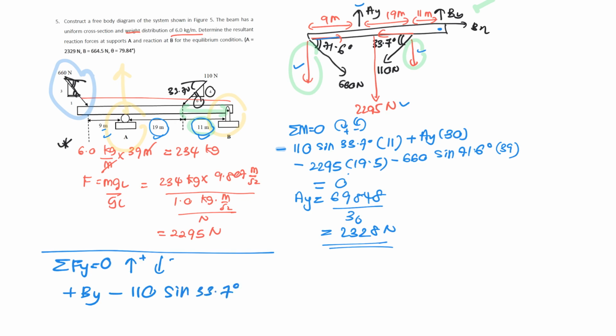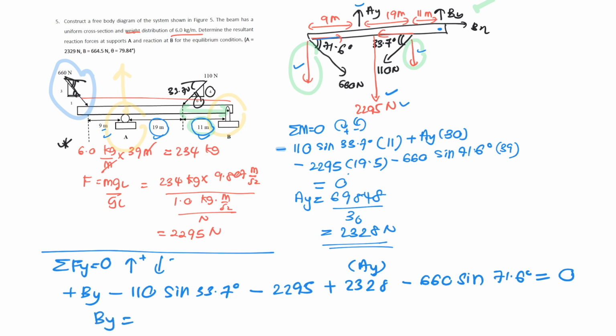Please take note, you don't have to multiply with the level arm. Only moment needs to be multiplied with the level arm, because this is about force only, it's not moment. And then minus 2295, plus AY. AY already found, which I got 2328. And then the last one is 660, which is downward, so minus 660 sine 71.6 degree, which is equivalent to 0. So I can find By, and I can actually know whether my By is correct or wrong by the directions.